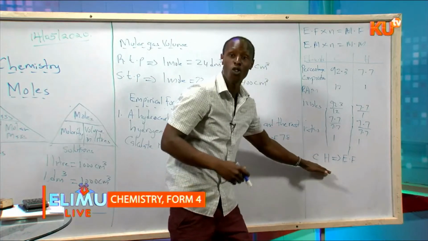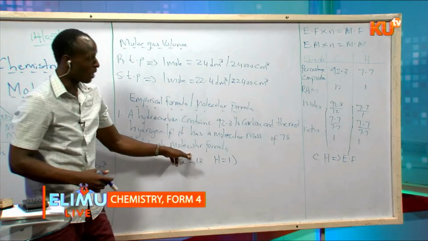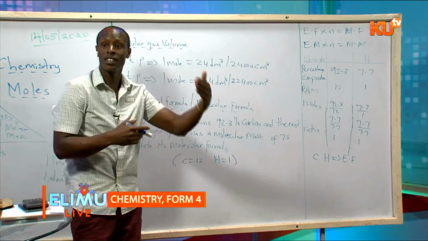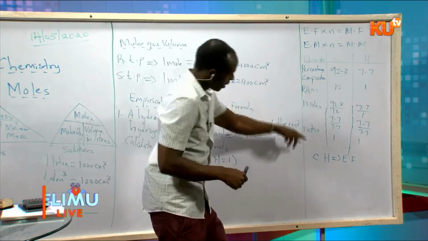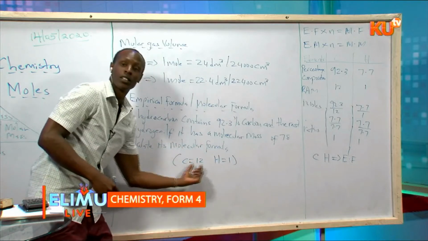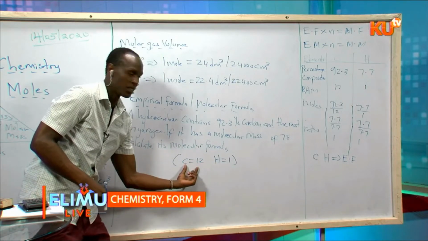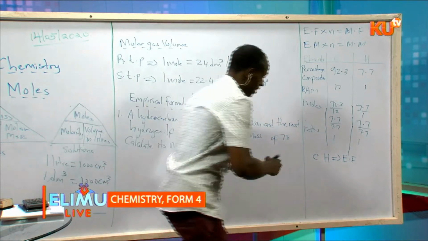CH is the empirical formula. The question wants you to calculate the molecular formula. So it means now you have to go to the next step of calculating N. So I'll get the empirical mass of CH. For mass, you use the RAM or the molar masses. So CH is 12 and 1. So that is 13.